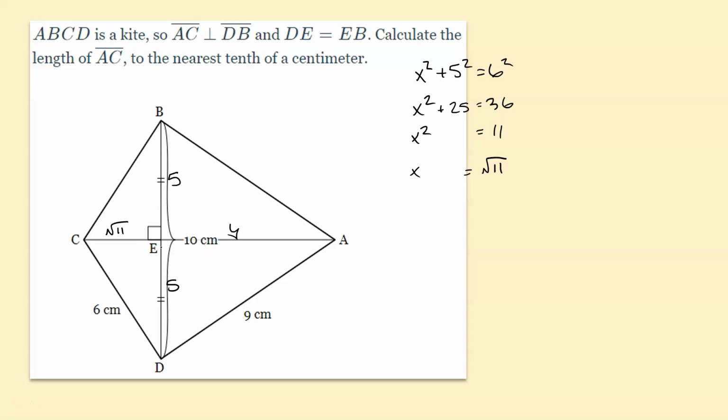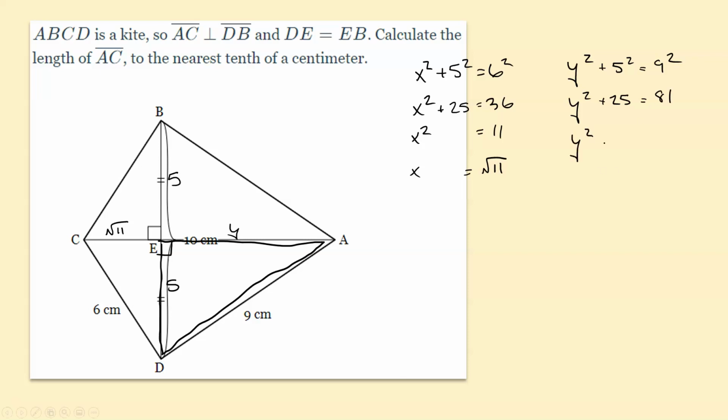For now, we can use this triangle, AED, to find that. That is a right triangle, and we know the hypotenuse is 9, and this leg is 5. So we can use Pythagorean theorem. y squared plus 5 squared equals 9 squared. 5 squared is 25. 9 squared is 81. Subtract 25 on both sides. Your y squared equals 56.